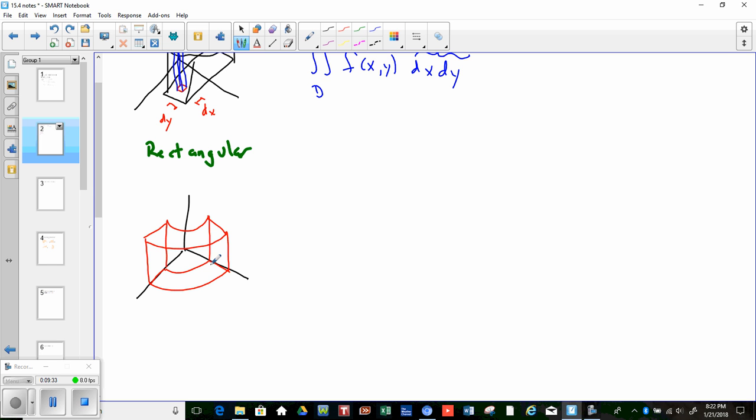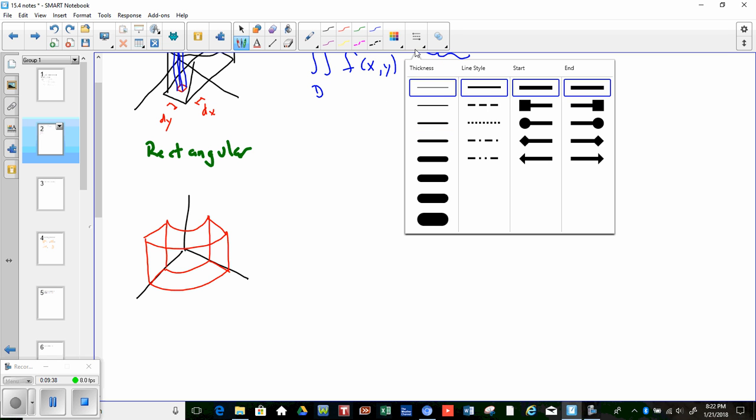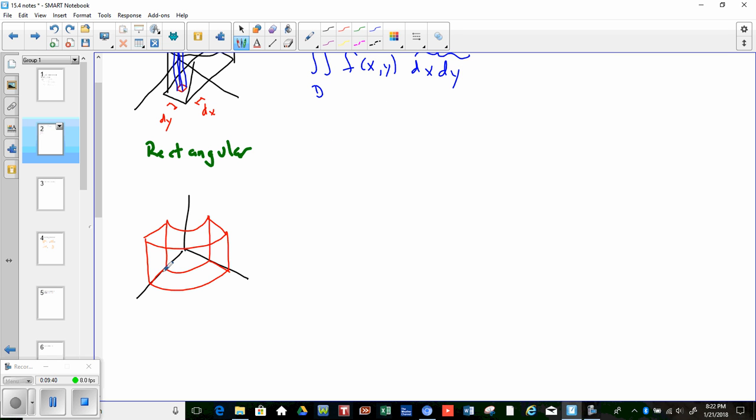But the idea is now we're going to create these little sectors. So I'm going to have a rectangular region here, another region there, another region there, another region there, all the way over to the other side.